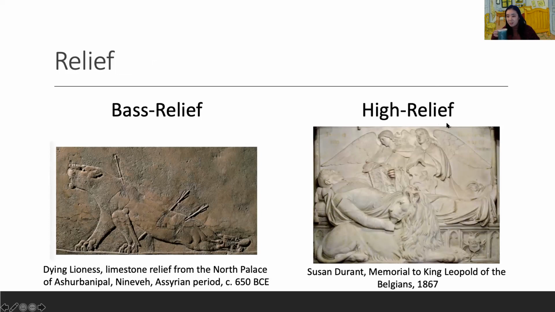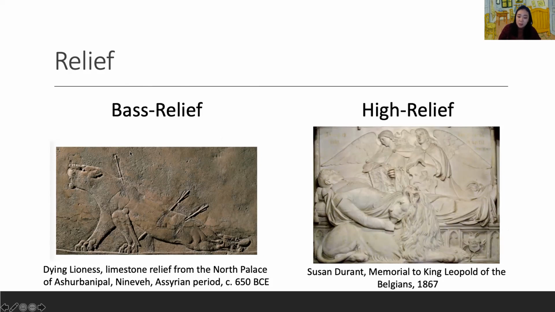What's the difference? High relief seems more raised. Yeah, that's right, the image is raised. Very good. Yes, exactly.